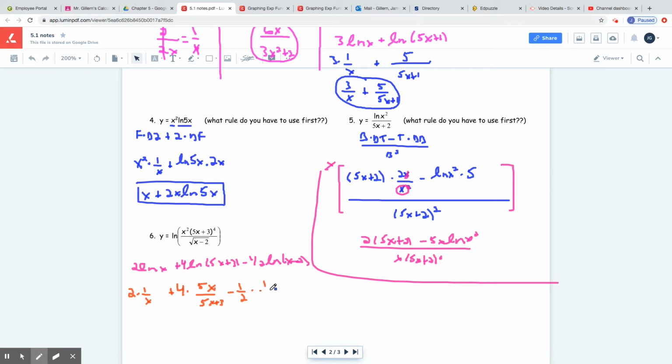Derivative of the inside is just 1 over x minus 2. So my final answer is 2 over x plus 20 over 5x plus 3 minus 1 over 2 times x minus 2. If you wrote 2x minus 4, that's also okay. And there's your final answer.